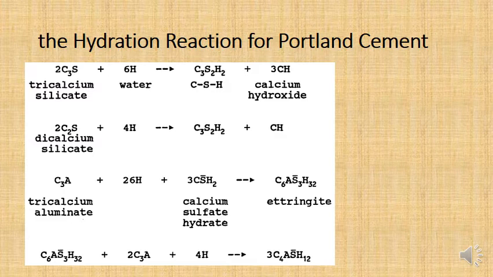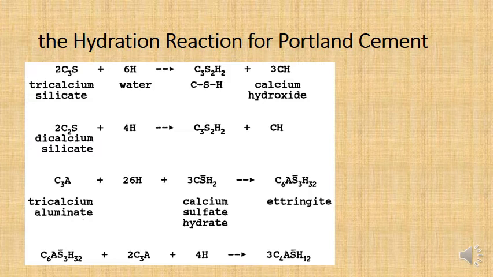What I touched on, but I didn't really go into too much depth when we talked about cement, is the fact that these reactions do not happen instantly. After you mix your concrete and you mix the cement with the water, these reactions will be going on for weeks, even months after you make the concrete.